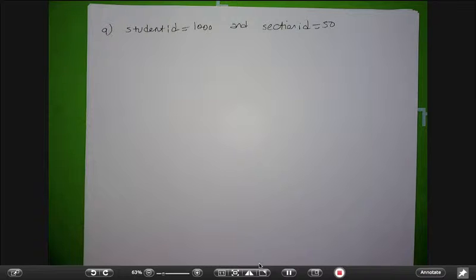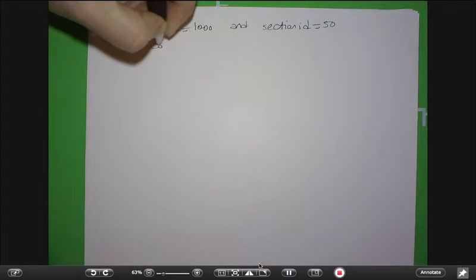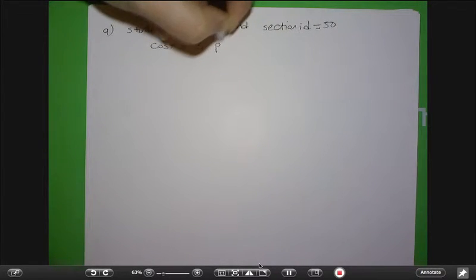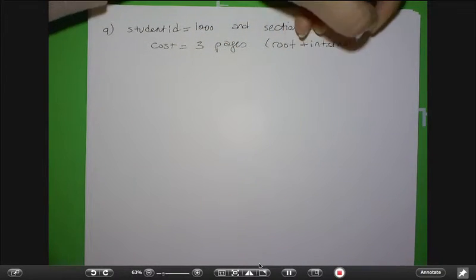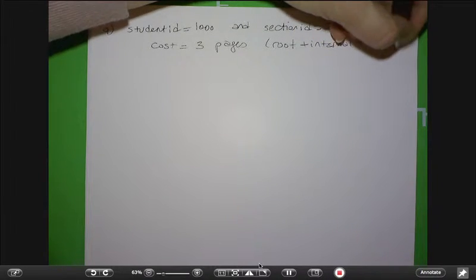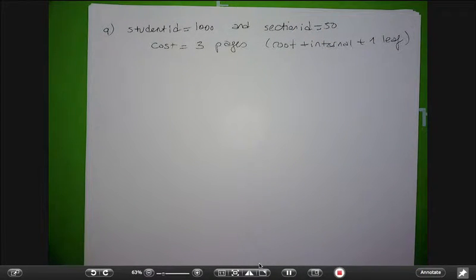There's only one tuple for a single student section, and I can scan from the leaf to find exactly that condition. That's an equality search, so I should be able to do this. So the cost is 3 pages, right? I'm not going to write this from now on, but it's root plus internal plus 1 leaf, right? Okay. So far, so good?